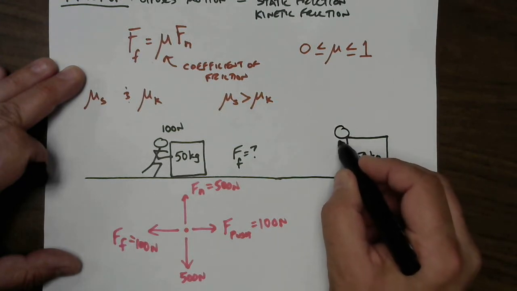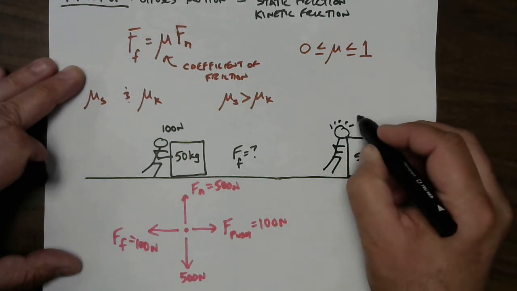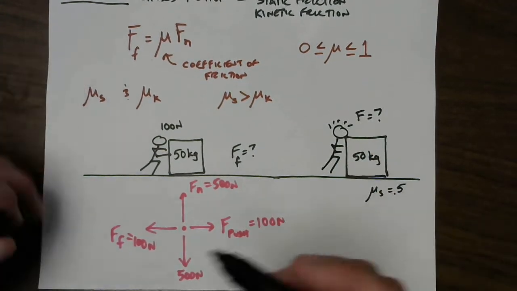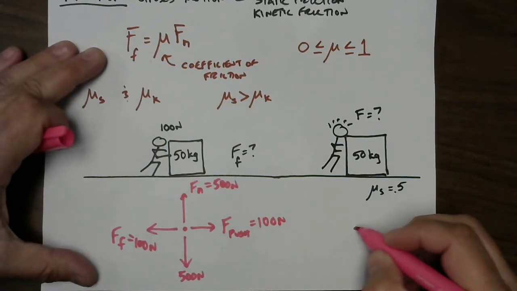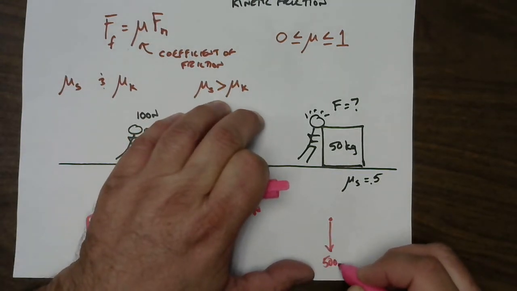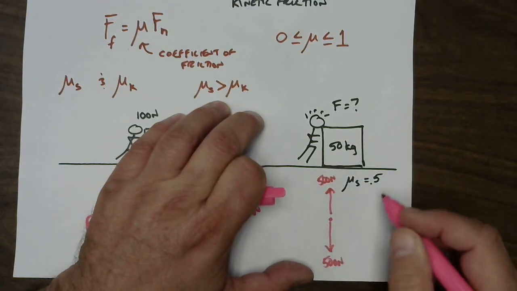Now, how hard do I have to push in order to get the box to move? Well, the free body diagram looks the same, but the numbers are going to change. So there's my dot, and we're going to have my same 500 newton weight, my same 500 newton normal force.